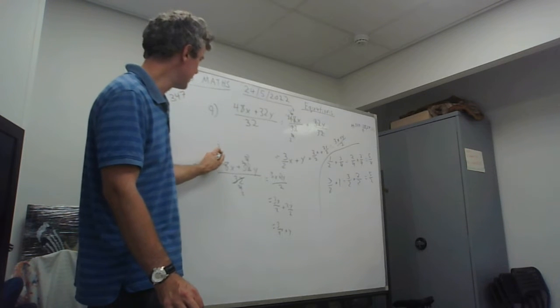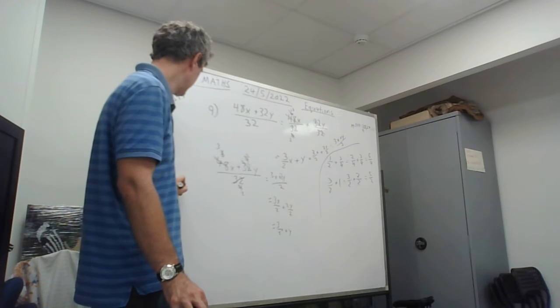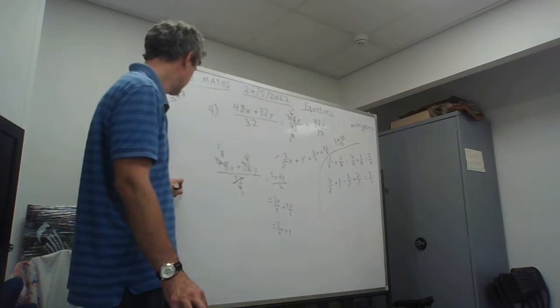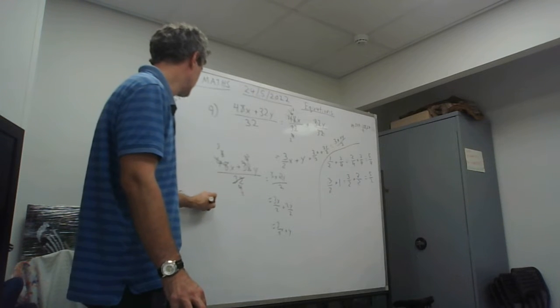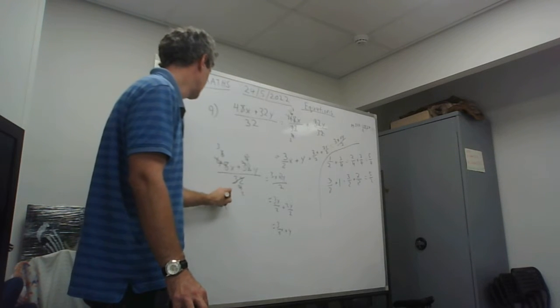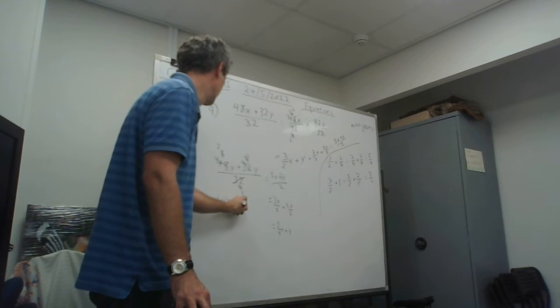Actually, if we did 8 and then 2, so really 16 is a common number inside of them. So 48x plus 32y equals 16 times 3x plus 2y.